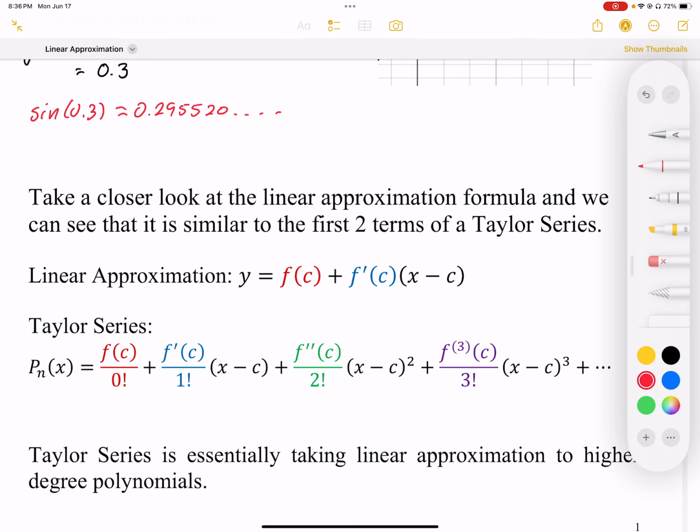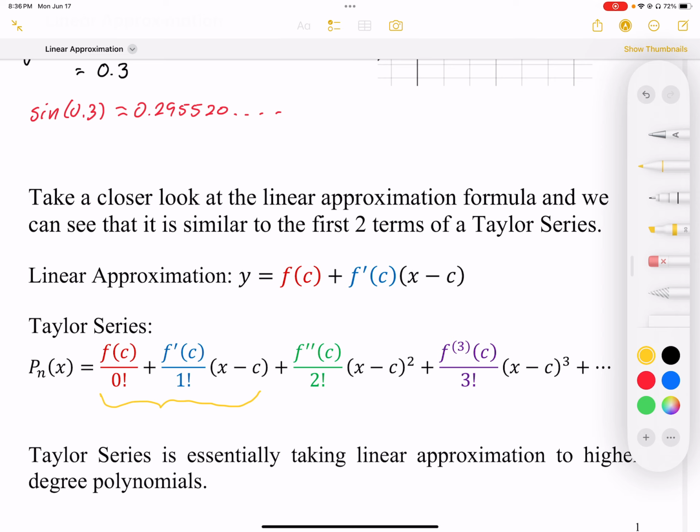Next is the slope at that same point, f prime of c, which we have in our tangent line approximation as well. And x minus c is the distance from the center. So the first two terms of our Taylor series expansion match the linear approximation.